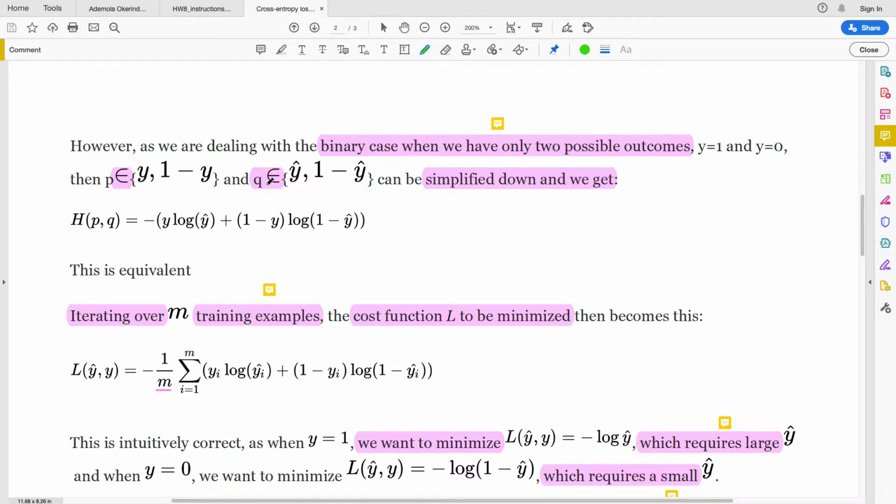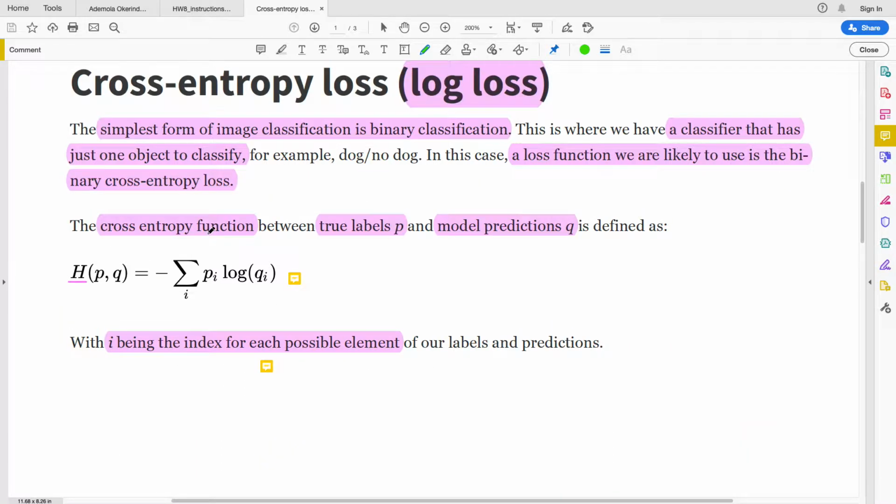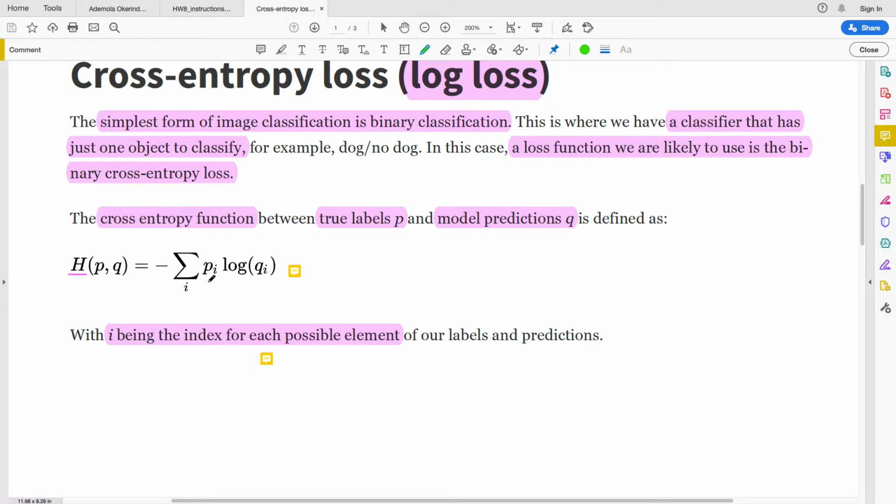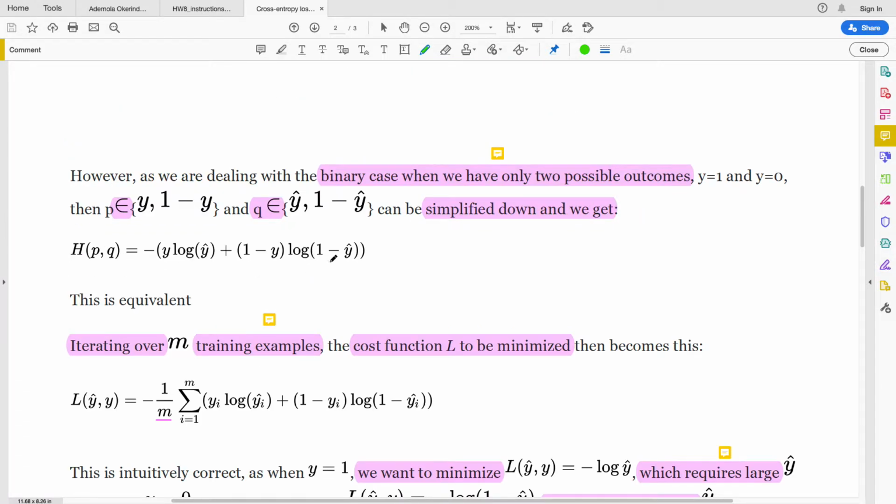Model predictions can be referred to as y hat or 1 minus y hat. When we key those into the original equation: if the ground truth is y, we expect our model to predict y hat, and if the ground truth is 1 minus y, we expect our model to predict 1 minus y hat. So that's essentially what you're seeing here. If we key those into the formula, this results in this.